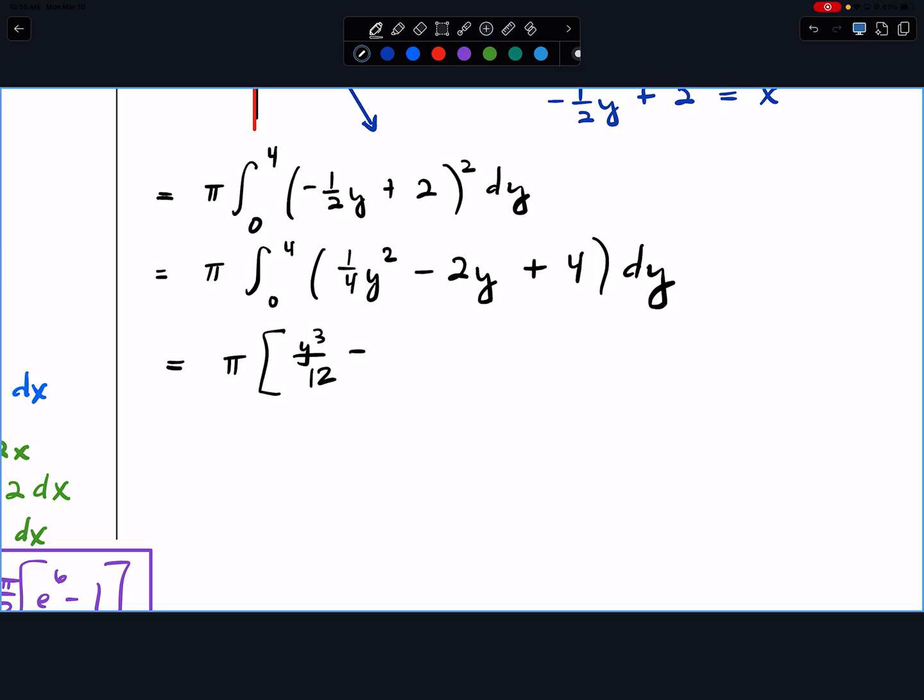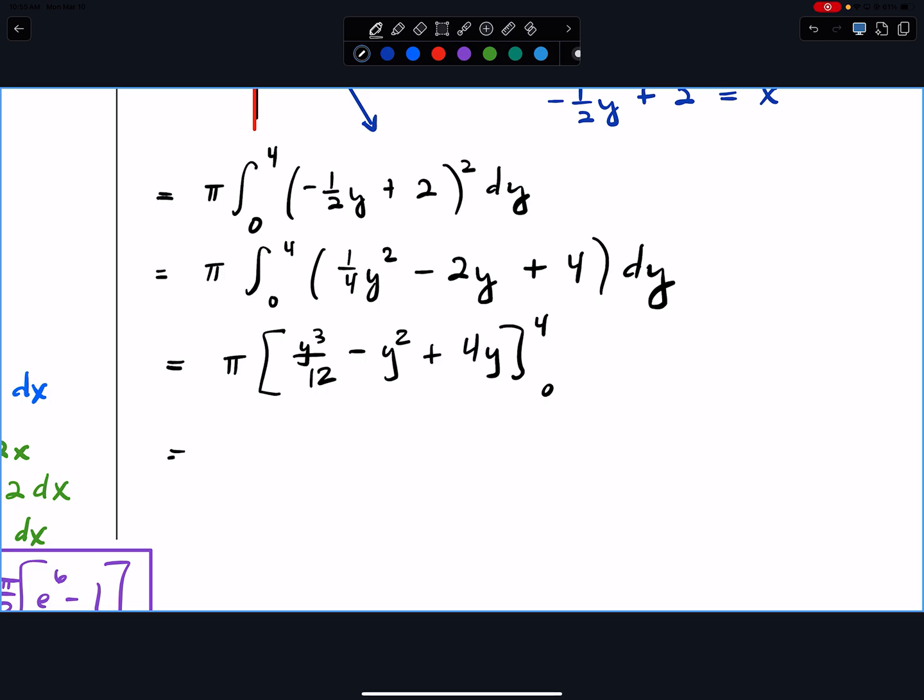Minus, if I integrate negative 2y, it's going to be just y squared plus 4y from 0 to 4. Now this is nice because if I'm thinking ahead, guys, if I plug in 0 to all these, what are those going to become? 0. So the 0 here we don't have to worry about. So I just have to plug in 4.